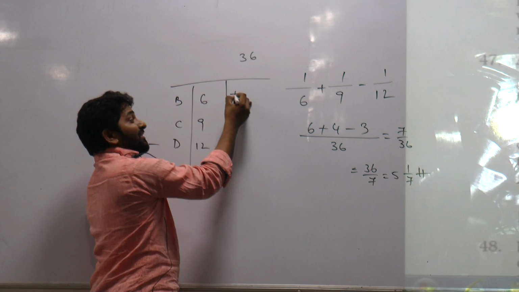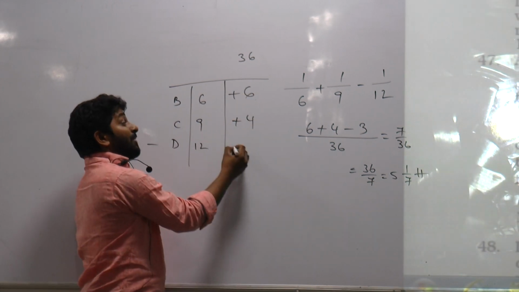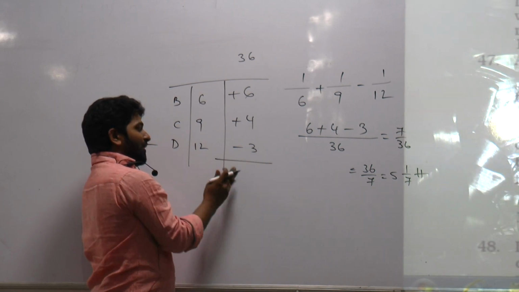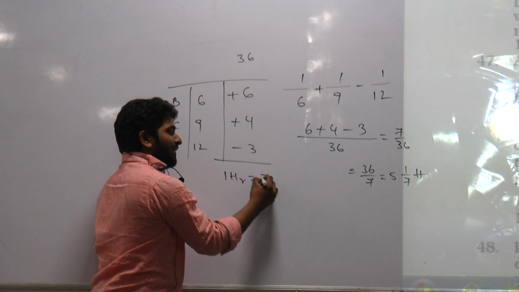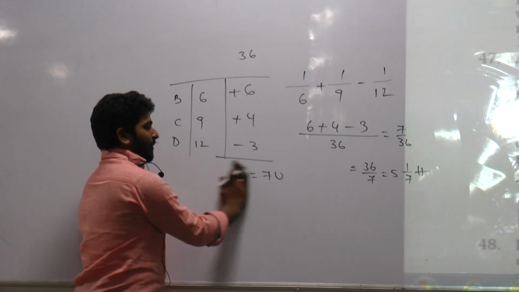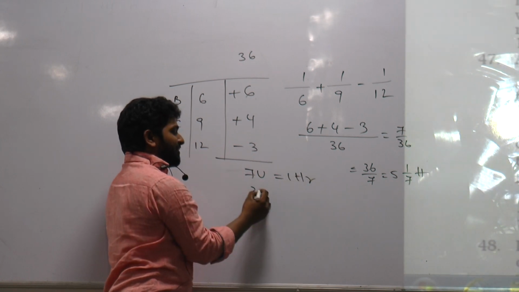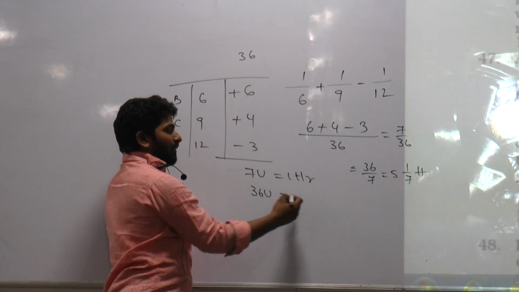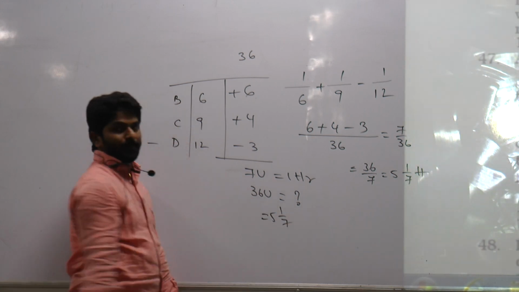B does 6 units, C fills 4 units, D empties 3 units. So in 1 hour, they can fill 7 units. To fill 7 units, they need 1 hour. To fill 36 units, which is our total work, how much time is required? 36/7, which is 5 1/7.